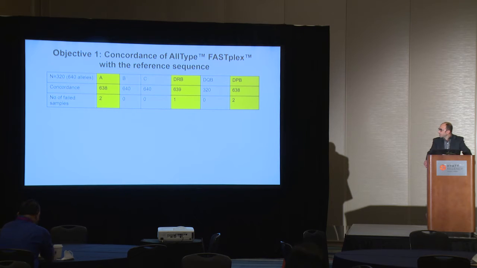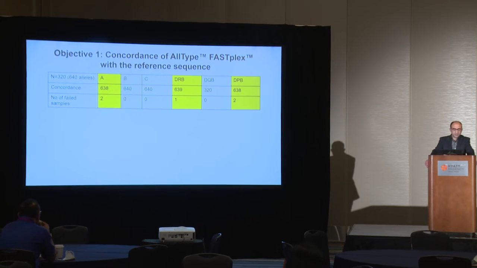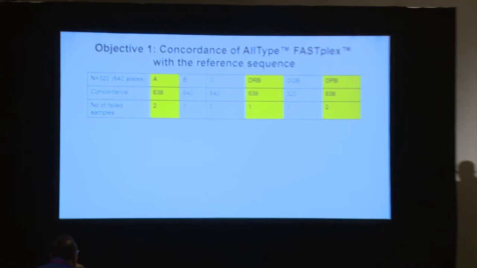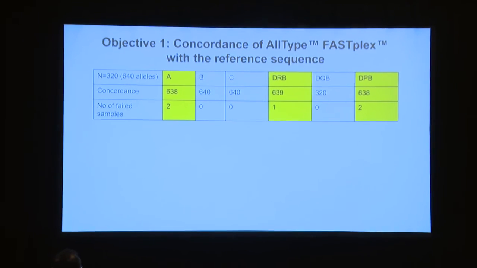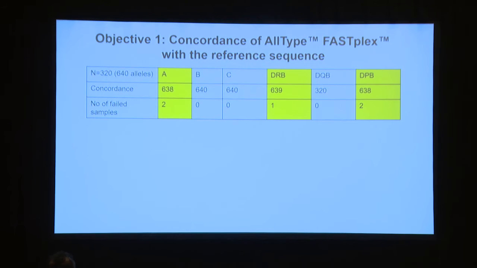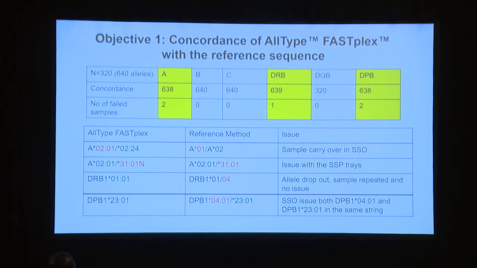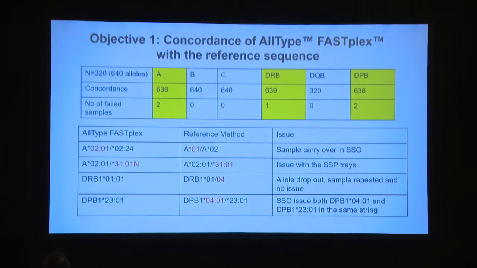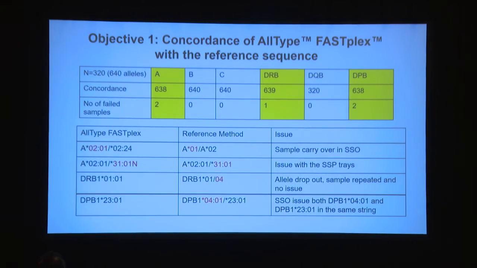As you can see here in the table, these are the discordants that we found comparing our older method to the NGS method. Our old method was basically SSO and SSP, so we were lucky to get only 5 alleles. This table shows some of the discordants that we found using the new method.